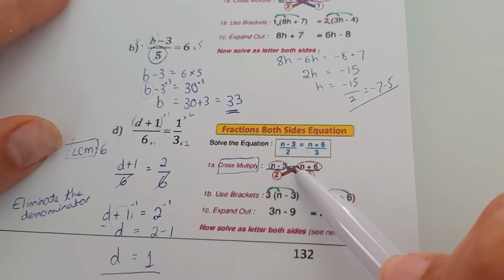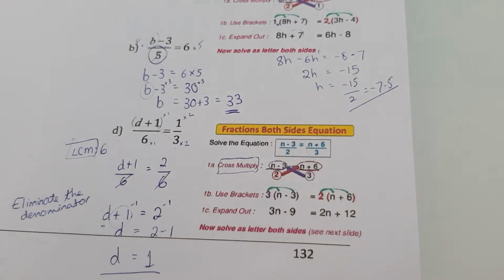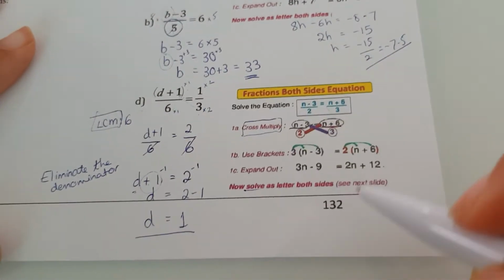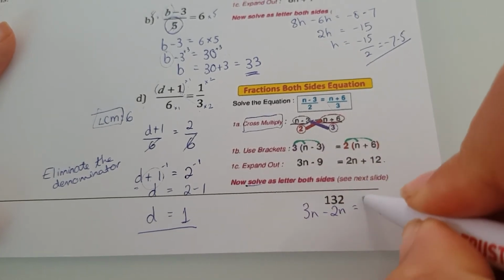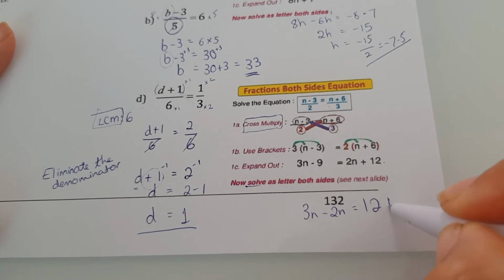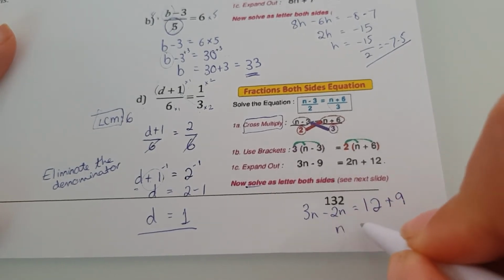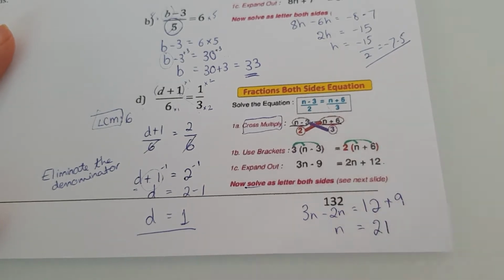This 2 is multiplied by all the numerator on the other side, so 2 times n plus 6. You expand the brackets and then you continue to solve. So I have 3n minus 2n, 12n minus 9, here comes 9 over there. 3n minus 2n is just 1n, and 12 plus 9 is 21.